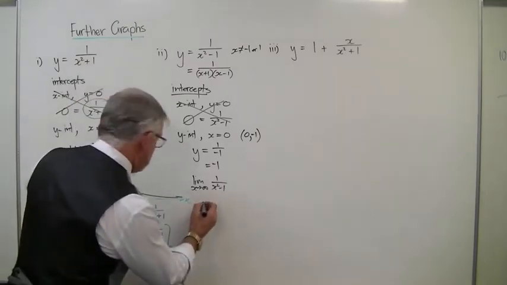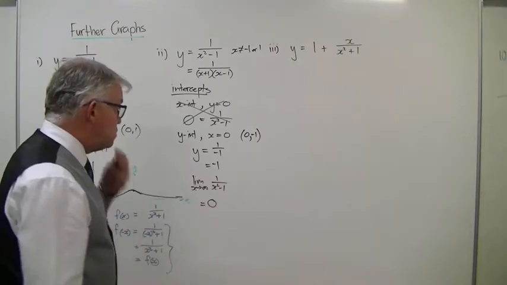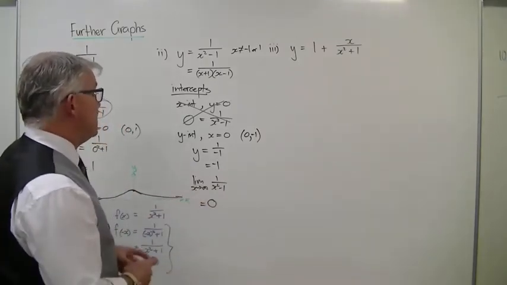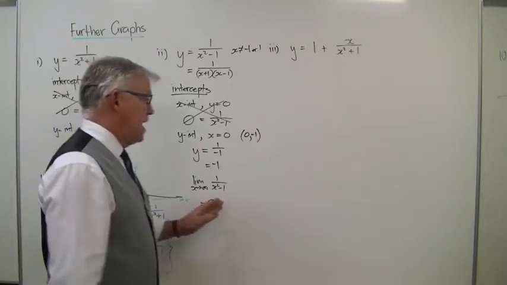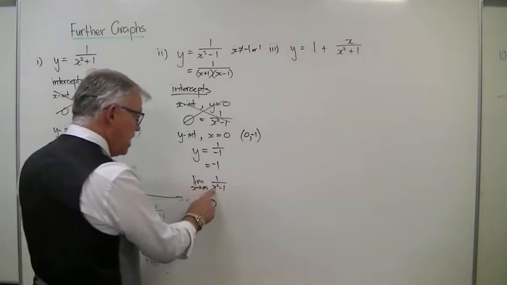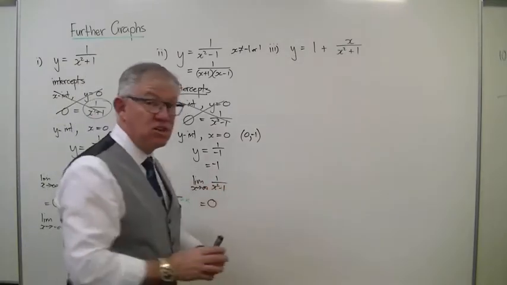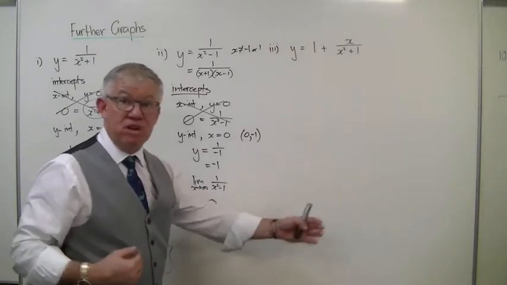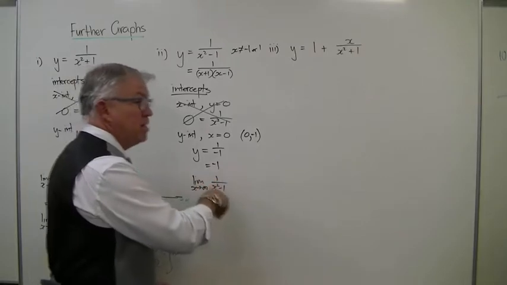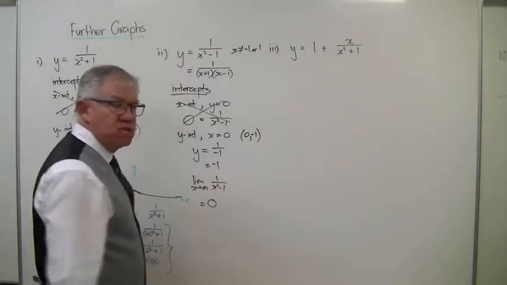So the limit of this will be 0, which means, as I said before, that we're going to end up having the x-axis as an asymptote for this curve. Because 1 over a large number squared approaches 0, and as this large number has no bounds, it's getting very, very large, and squared, that means this will become exceptionally small, infinitesimally small, so it's approaching 0.